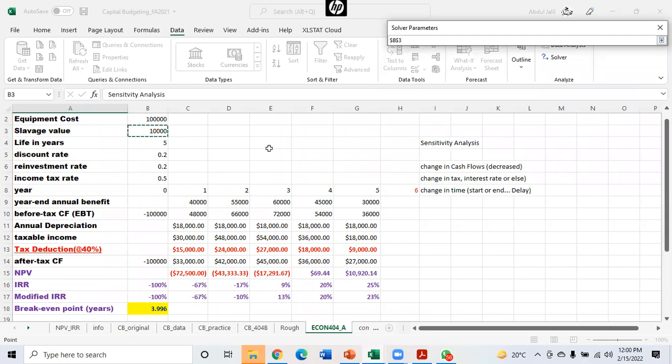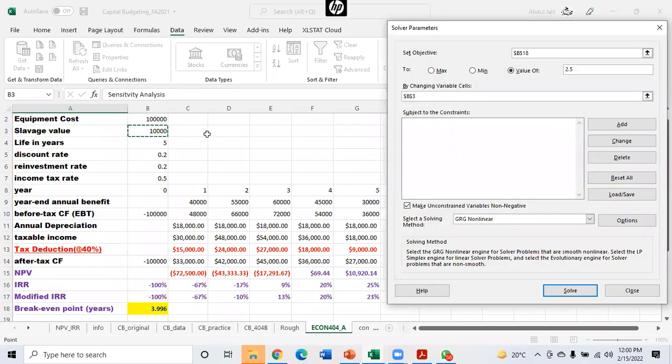How much depreciation needs to be adjusted so that we can get our payback within 2.5 time period? So I'm just going to take the salvage value, because the salvage value is going to be incorporated here, so ultimately it will affect this value. Let's see what will happen.